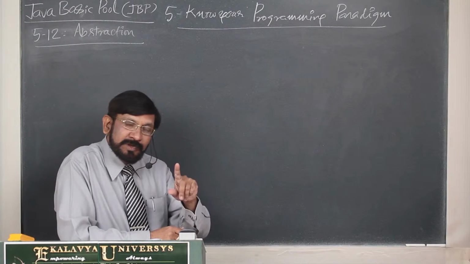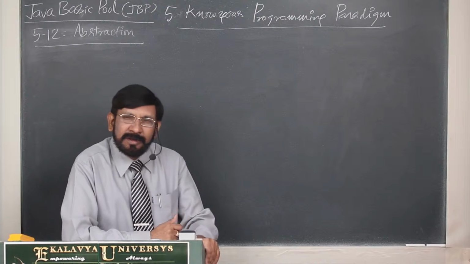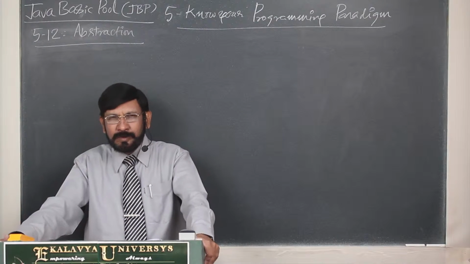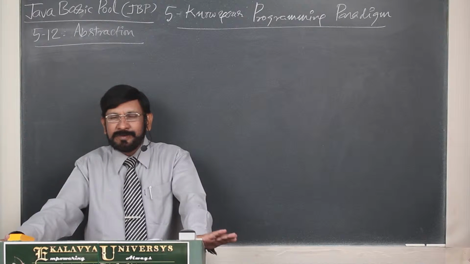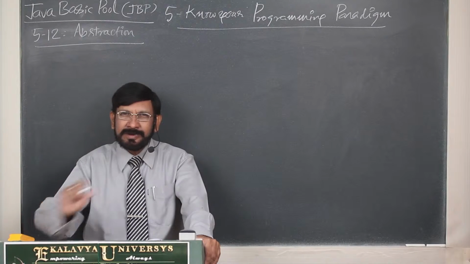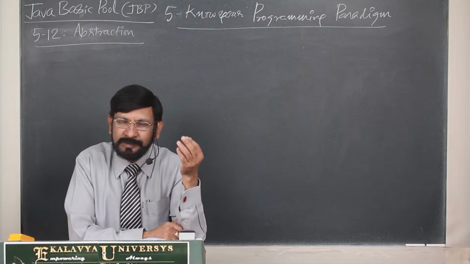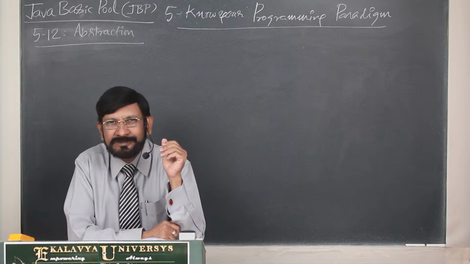Now, what is your behavior? You want to purchase only 5 types of vegetables, 1 kg each. Then you are purchasing. How can you describe your behavior? Abstraction. That is, only see the essential and ignore the rest.